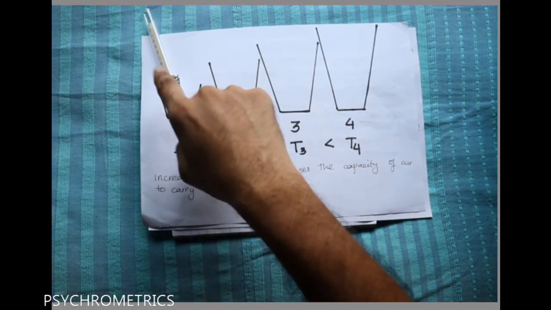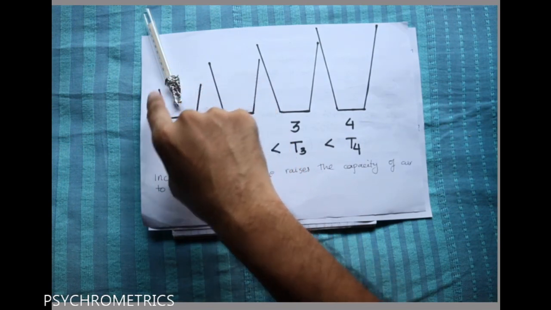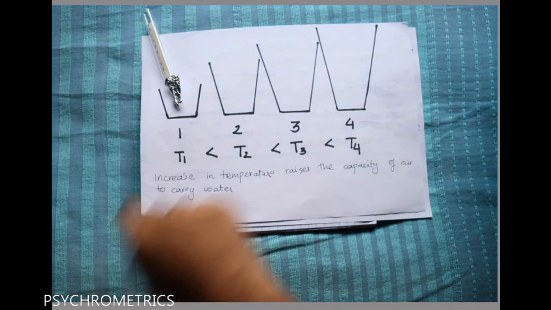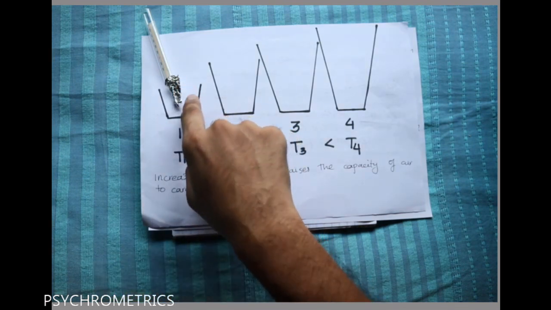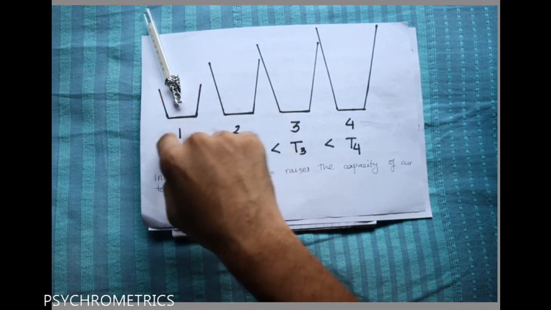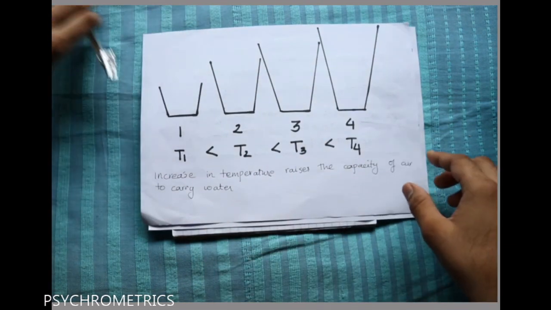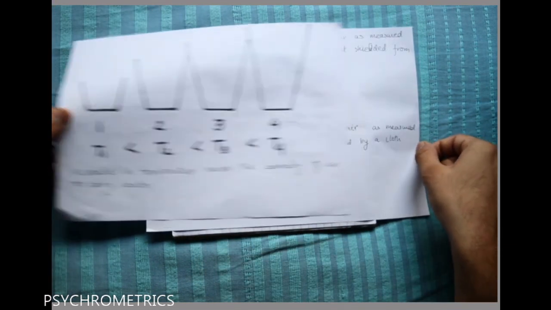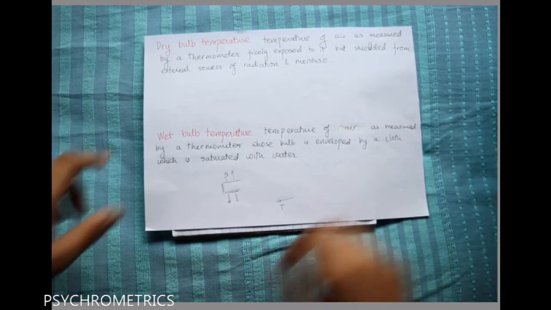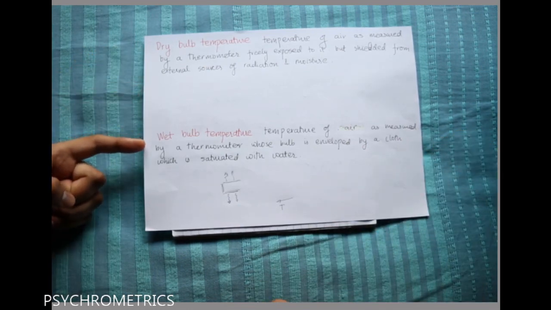So even though you are measuring the dry bulb temperature, you also need the wet bulb temperature to get a reference point to accurately measure the humidity within the air mixture. Is that clear? So we have two reference points: one is the dry bulb temperature and one is the wet bulb temperature.